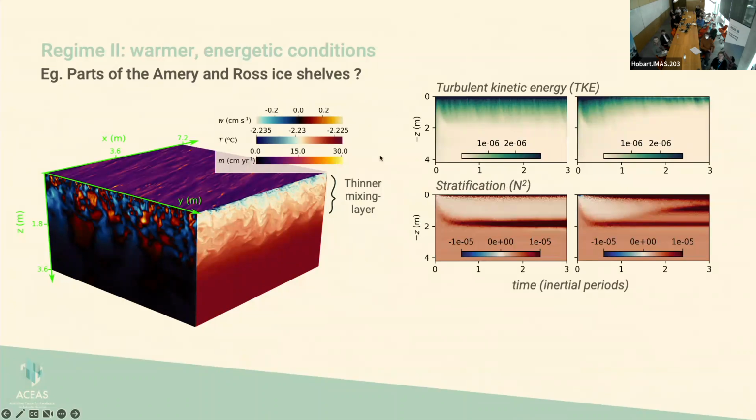So here we're contrasting those two cases. This is the first case that we looked at before, the cold and energetic scenario where we have this well-mixed boundary layer. And on the right-hand side, this corresponds to our warmer case.